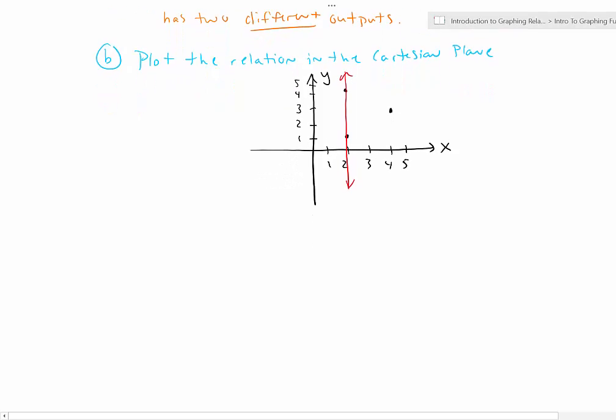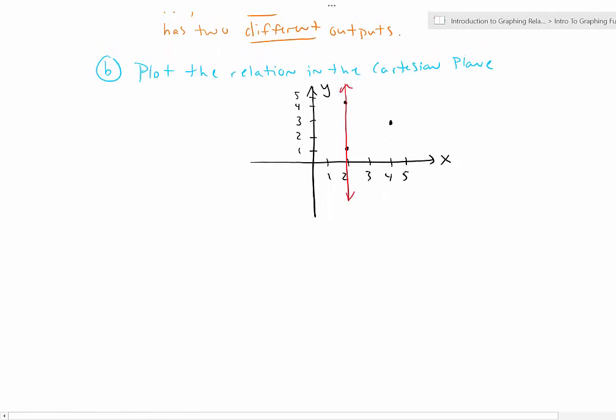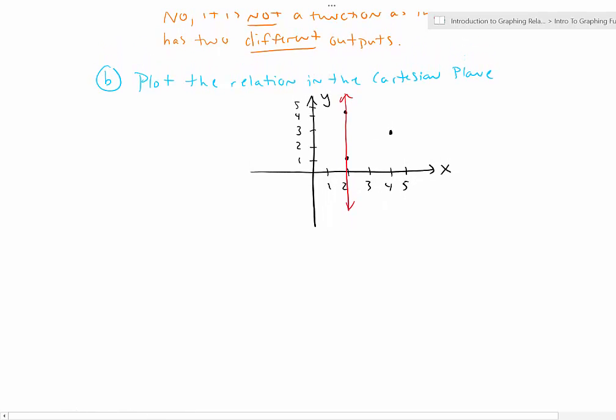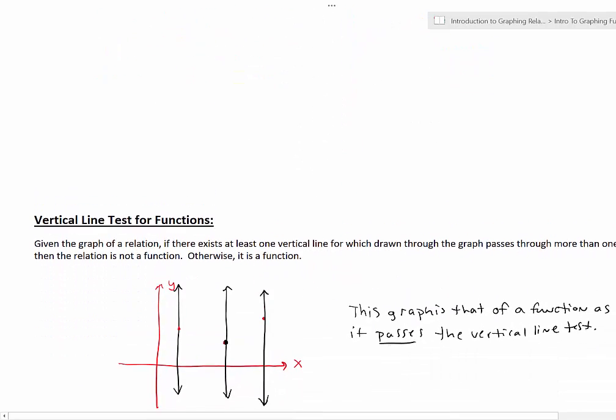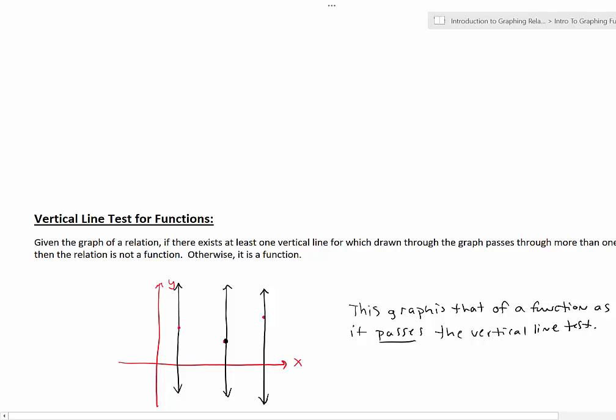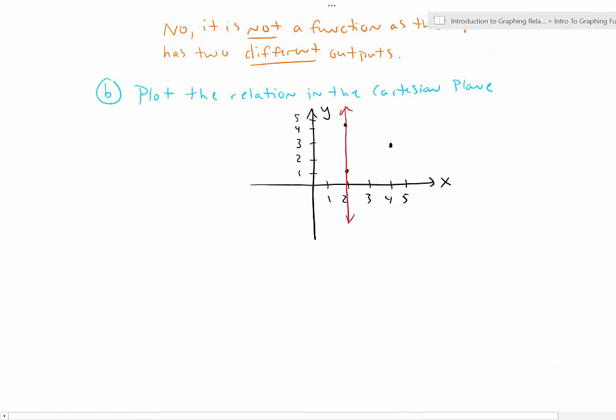So it's as easy as that given the graph. Your explanation for whether or not it's a function can now be based on the vertical line test. And that's your little intro on graphing sets of ordered pairs. We're going to get way more gangster with this as we go along, but for now that's your introduction.